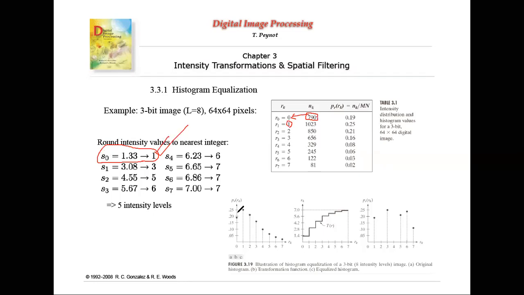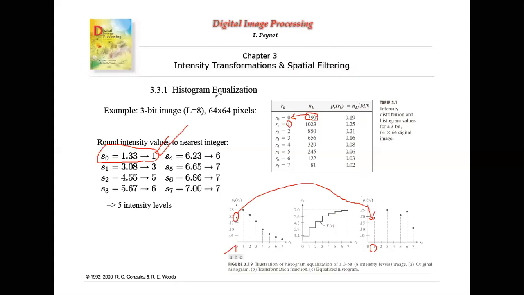Now in this particular stick, all 709 pixels which earlier had a pixel value 0 shall be replaced by pixel intensity 1. Got this particular thing?